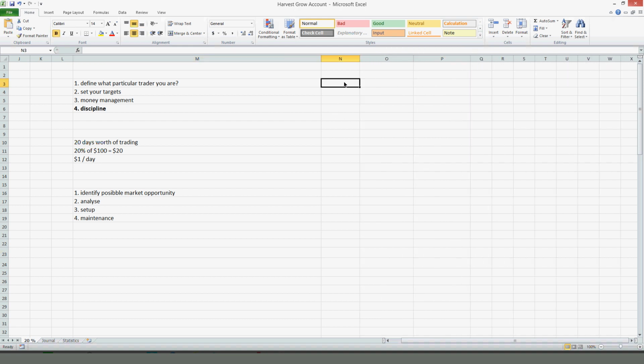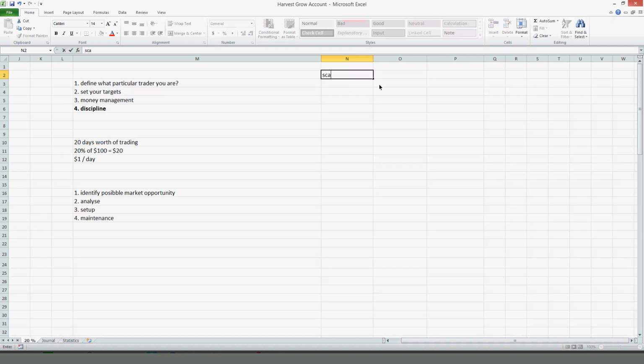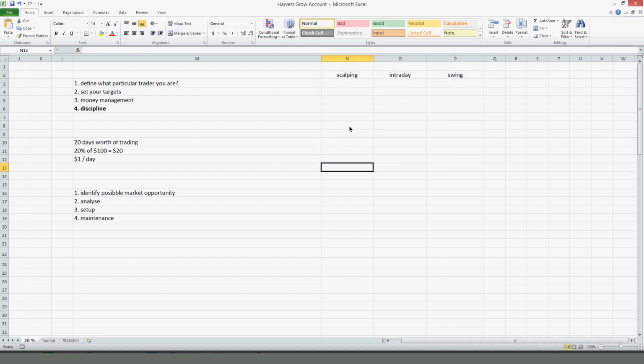The first one is scalping, the second one is intraday, and you have swing. So if you are a scalper, you need to make sure that you are doing your scalping on the right time frame.